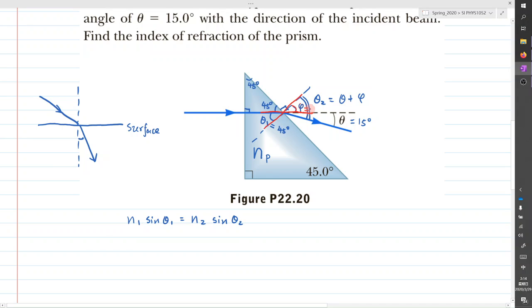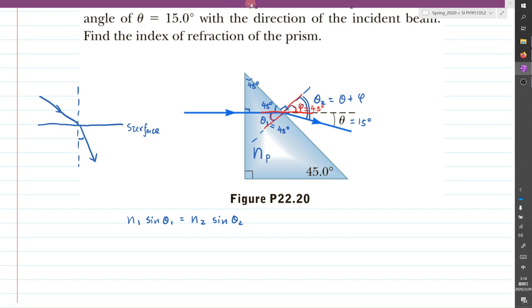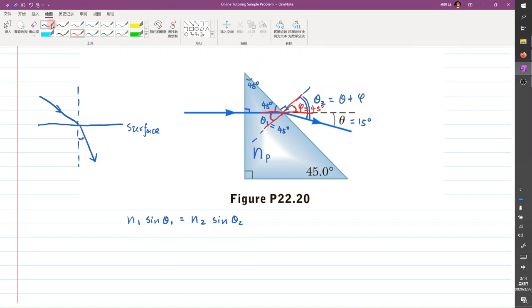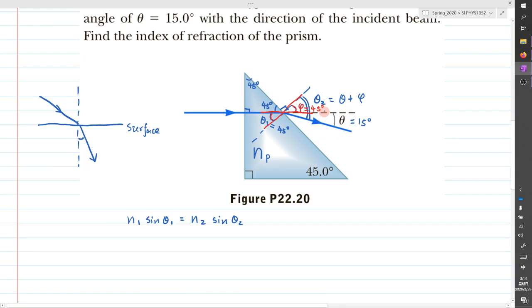So phi equals 45 degrees. And we have this very nice expression, theta 2 equals theta, which is 15, plus phi, which is 45, giving us 60 degrees.